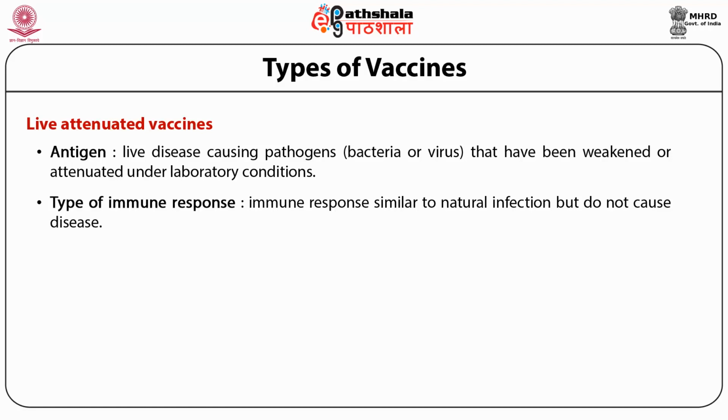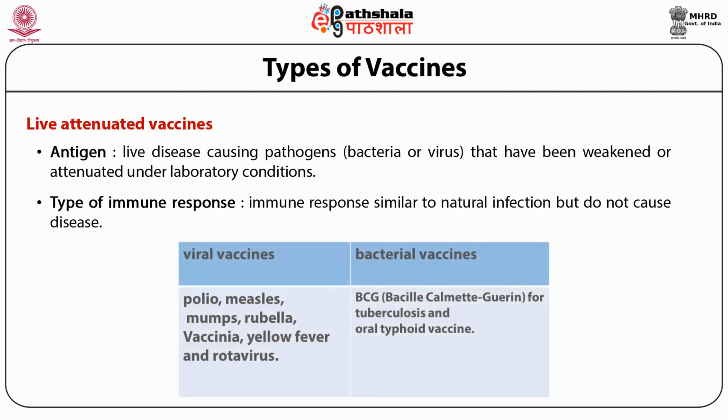Basically the humoral as well as cell-mediated immune responses are generated. Viral vaccines which belong to this category are polio, measles, mumps, rubella, yellow fever and rotavirus, whereas BCG for tuberculosis and oral typhoid vaccine come under bacterial live attenuated vaccines.